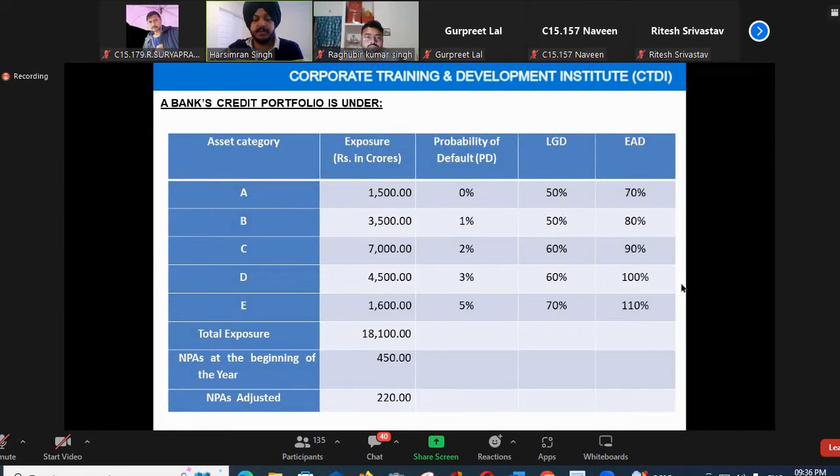So first tell me, what are the 5 categories? मैंने अभी आपको बुक में हाईलाइट करवाया ना, that the banking business is divided into 5 categories. What are the 5 categories? Tell me.